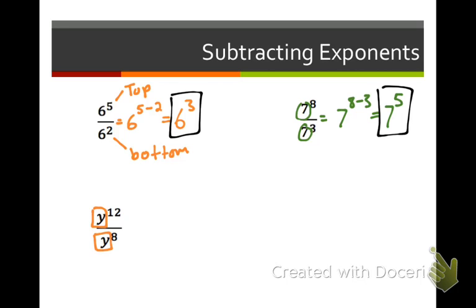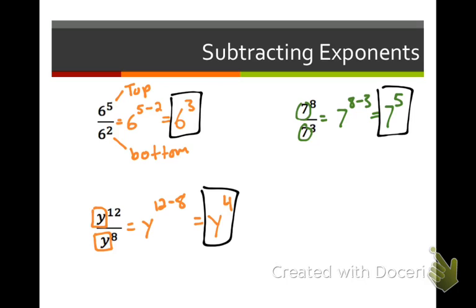They do. So we keep the base and we do the top minus the bottom. That gives us 12 minus 8, I know is 4. So that's my answer right there. Alright? So in this case, we subtract the exponents. The previous slide, we added the exponents. Okay, let's go on to the next slide.